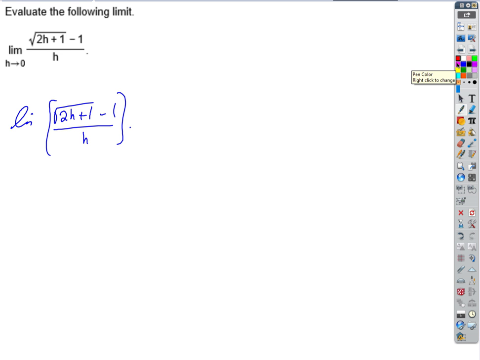Here is the portion of the fraction that has the radical in it, right? It's still going to 0, so that's the one we want to take the conjugate of. Everybody see that's the conjugate? Of course, you wouldn't change the sign inside the radical, right? It's the sign between the radical and the constant. Or it could even be two radicals. You have to change the sign between the two terms, right?